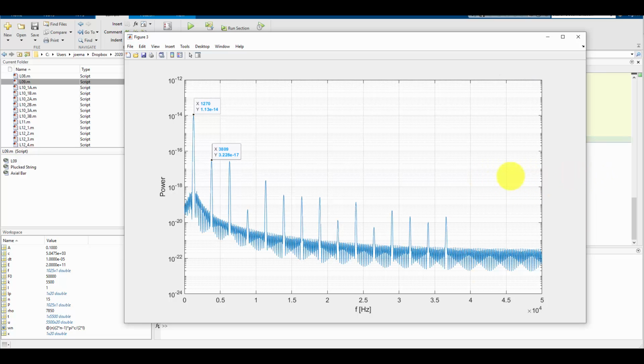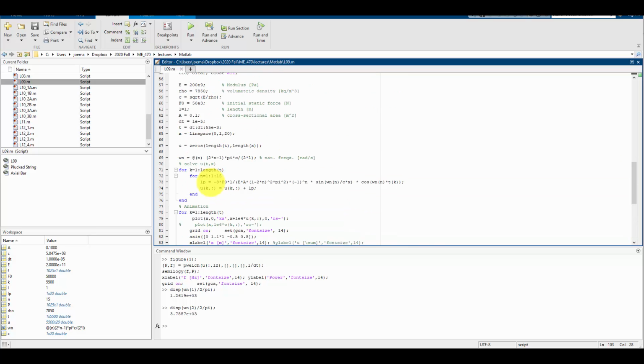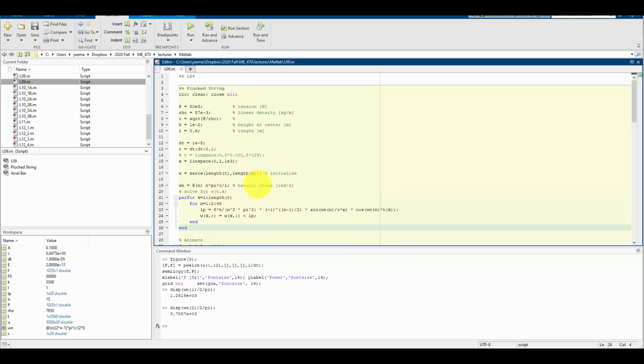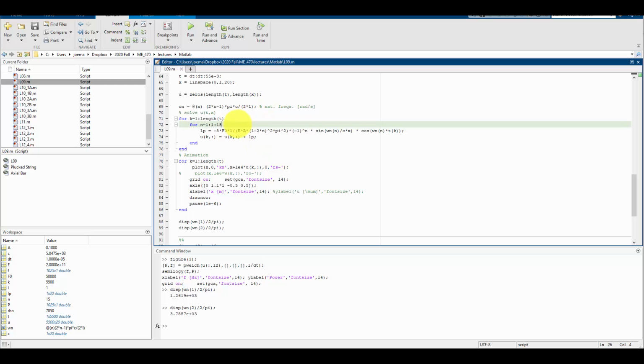Well, keep in mind, what am I taking the pwelch of? I'm making the power spectral density of the data that I got through simulation, that I got through this for loop up here that was calculating my W of x,t for all points in time and all points in space. But it is doing it numerically. I had to truncate that infinite sum that is exactly how the system is behaving analytically. But remember, I decided to only do it for 15 frequencies.